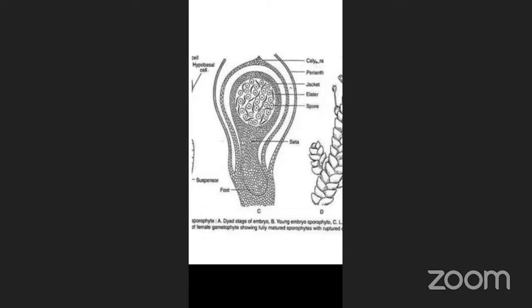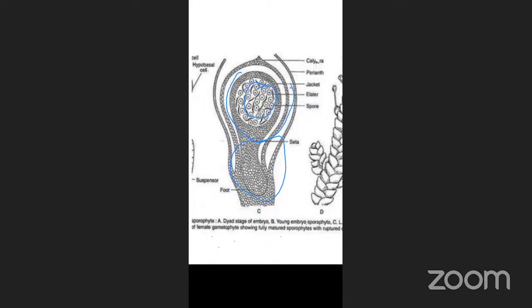So here the well-developed foot and seta are there. See here, the sterile tissue is complete; all of these are sterile tissue. Only this part is fertile tissue, and fertile tissue gradually decreases.